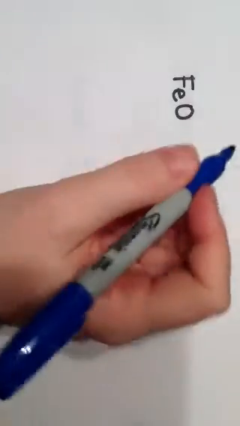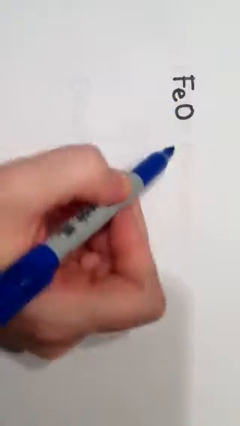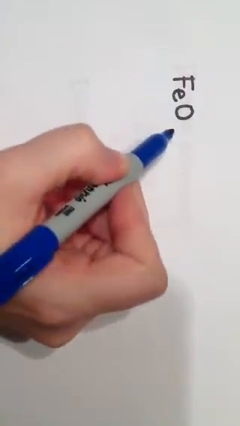All right, now one thing when it comes to naming something with a Roman numeral, obviously we have to figure out what its Roman numeral needs to be. And we're going to do that by looking for subscripts. So for instance, this one here has no subscripts available.